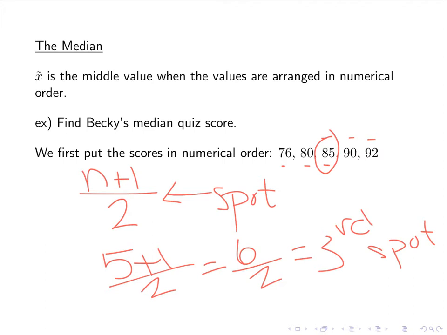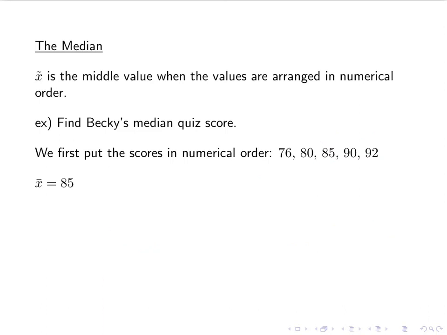But if we go back to Bill's quiz scores, he only had 4, and that's not an odd number. So Bill only has 4: 0, 83, 85, and 92. Again, we're going to put them in order. But the problem is there is no middle number, right? If you have 4 children, there is no middle child.